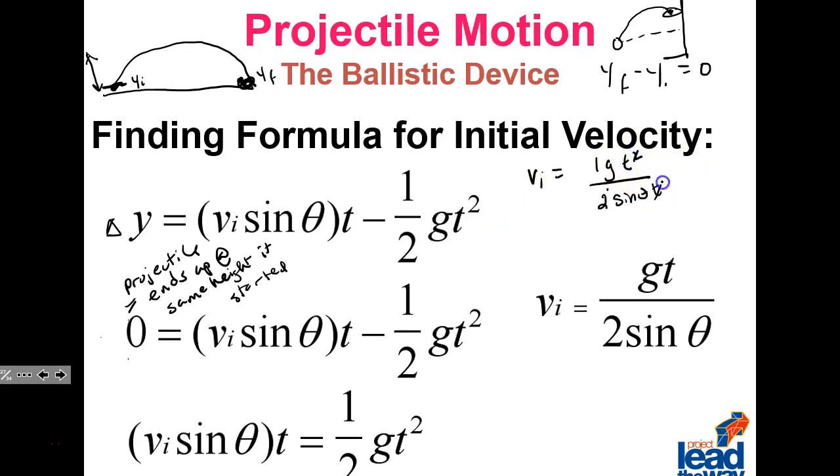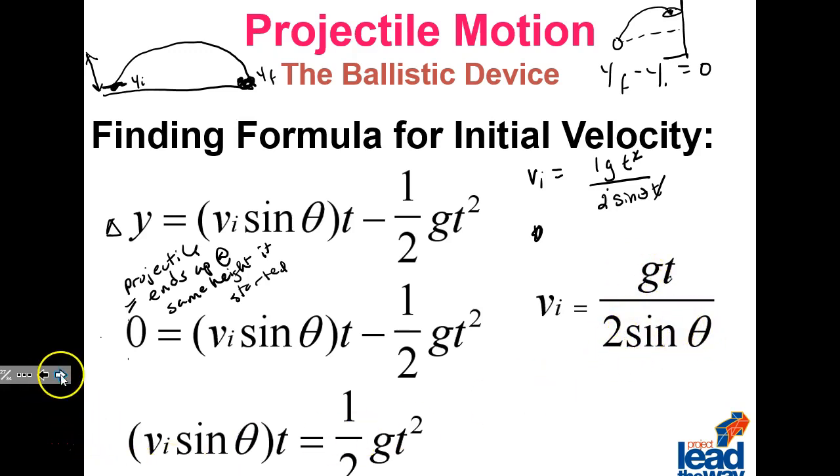We can cancel one of our t's, and what's left is vi equals g times t, divided by 2 sine theta.